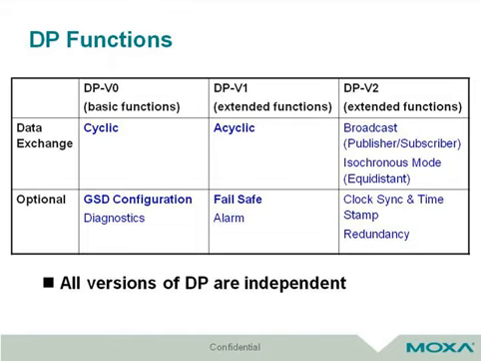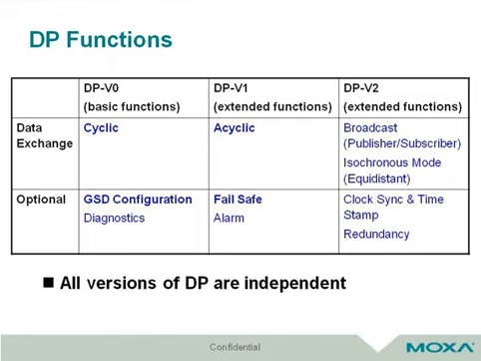Nowadays, DP version 1 is mainly used for the online operation of PA field devices by means of engineering tools. The failsafe and alarm functions are further analysis tools for finding an error when communication stops.